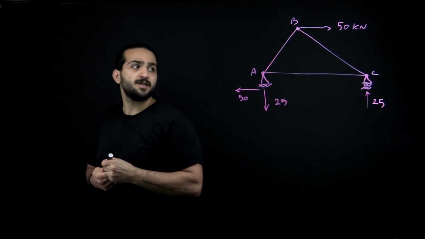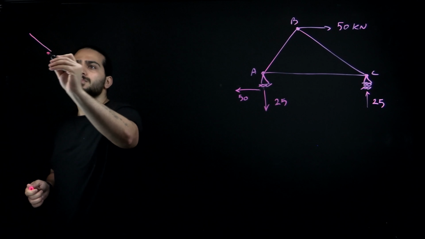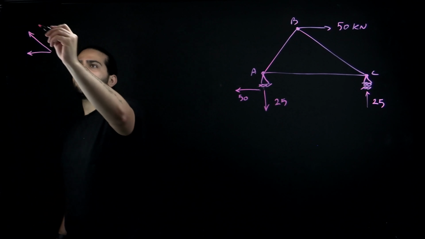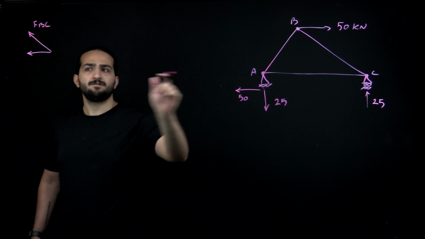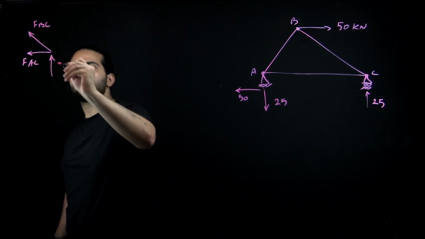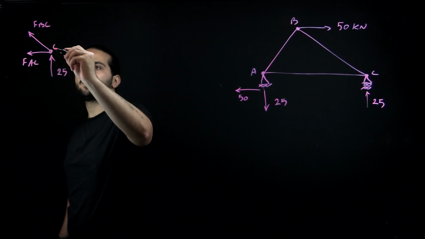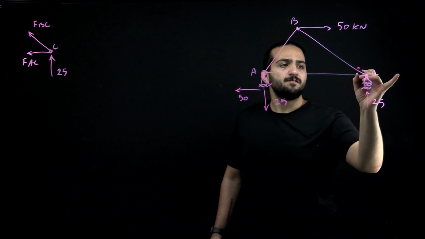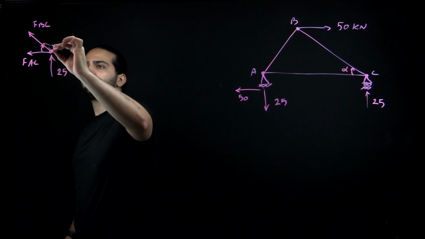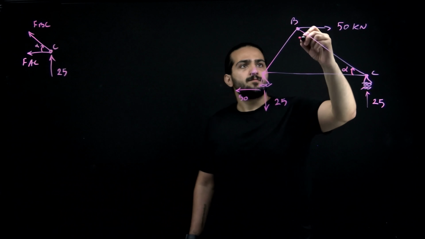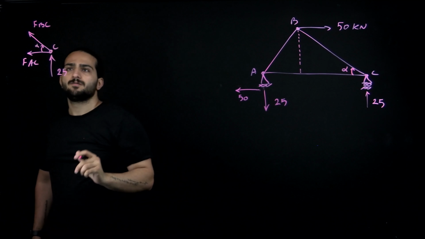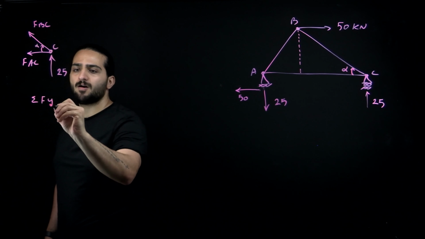Now for joint C, this is FBC, this is FAC, and this is 25, and this is joint C. If we call this angle alpha, in the y direction we can write sigma Fy is equal to 0.